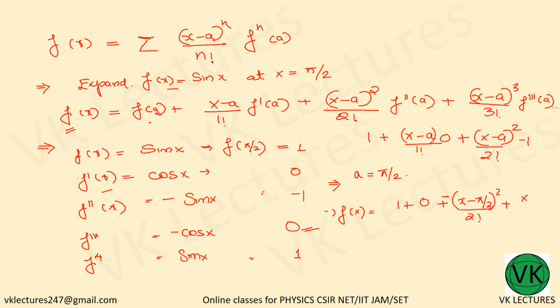So here you will have x minus pi by 2 whole to the power 4 by 4 factorial, so it goes on.